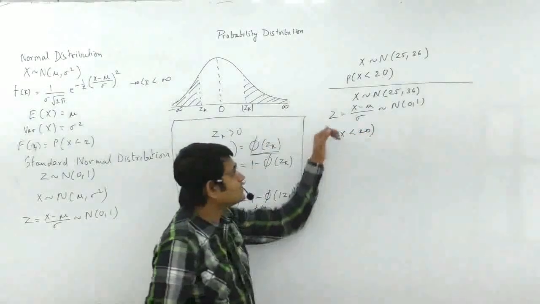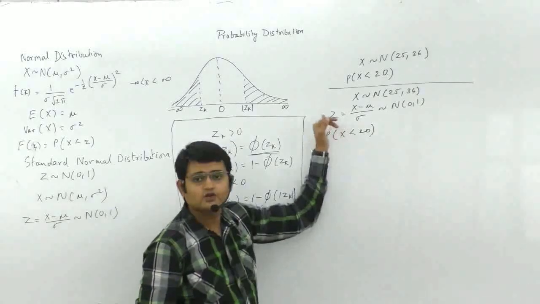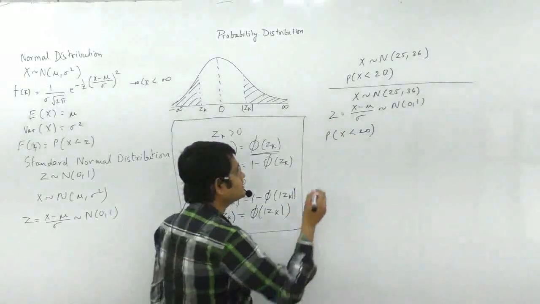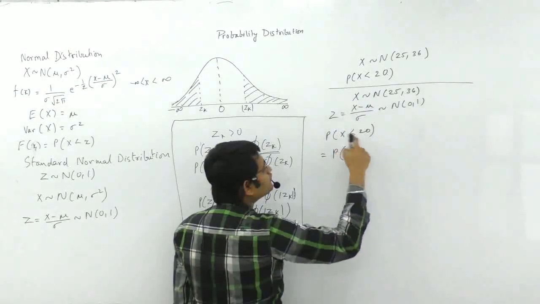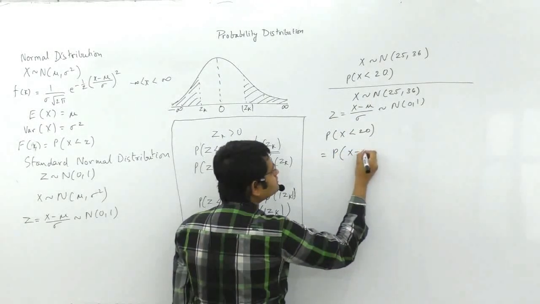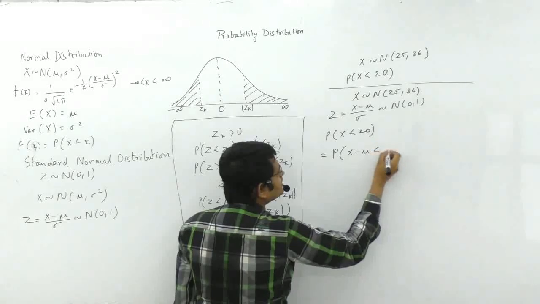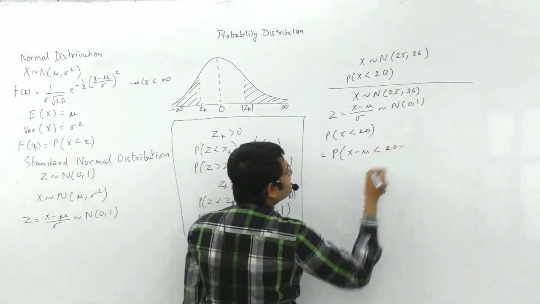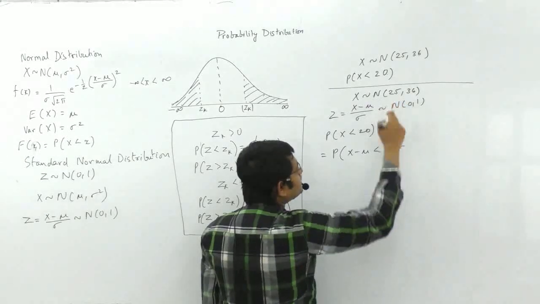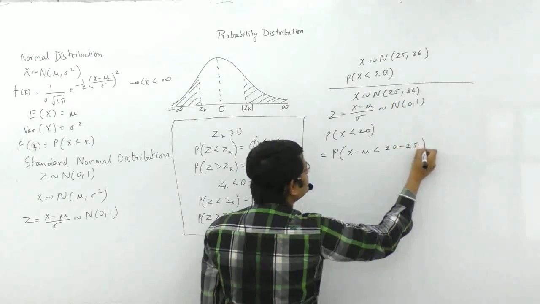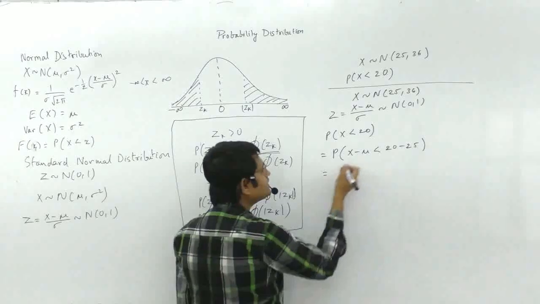Now we'll have to convert this x into our z to find the probability. First of all, we'll subtract mu from both sides. So x minus mu, and that will be nothing but 20 minus 25, since mu is 25, and then we'll divide by sigma.